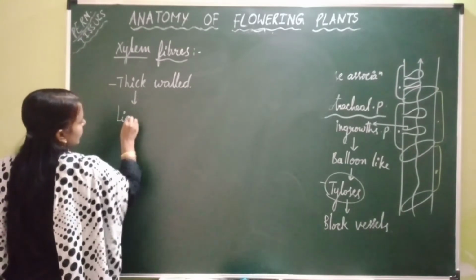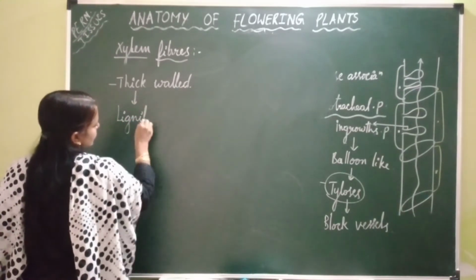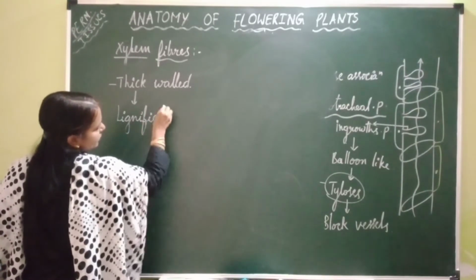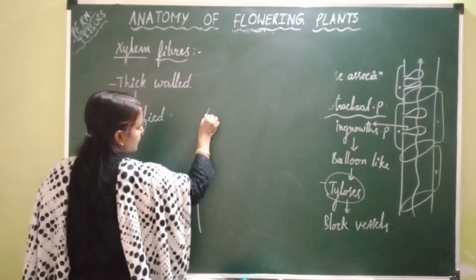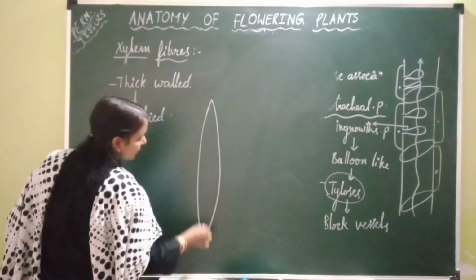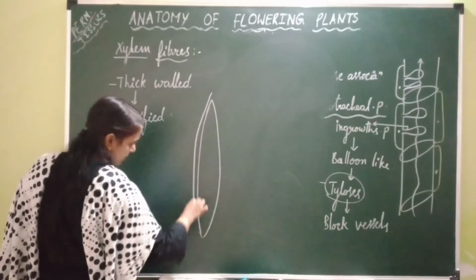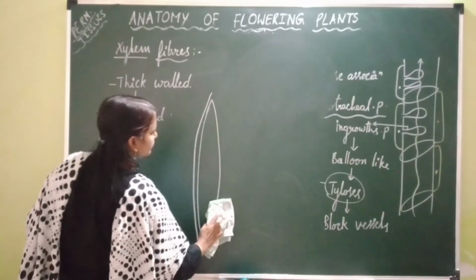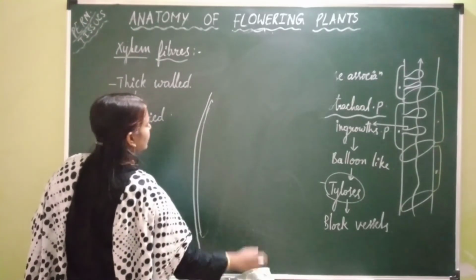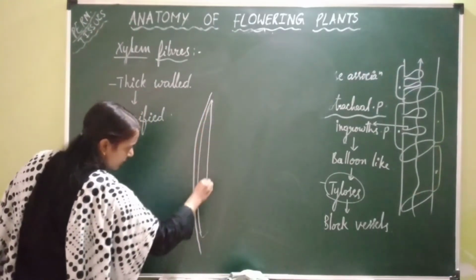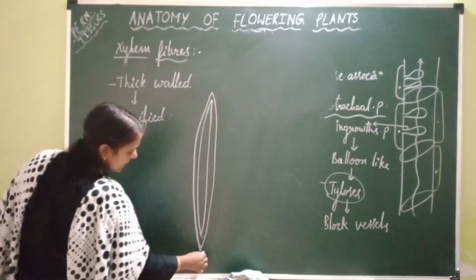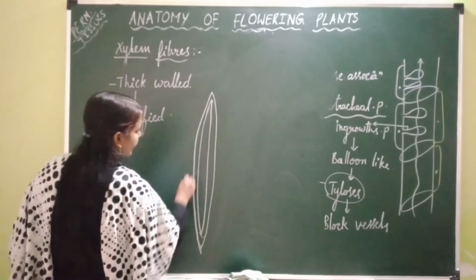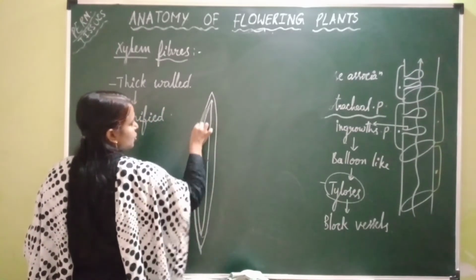So these are lignified cells, and these are elongated cells, and the walls are thickened due to the deposition of lignin.